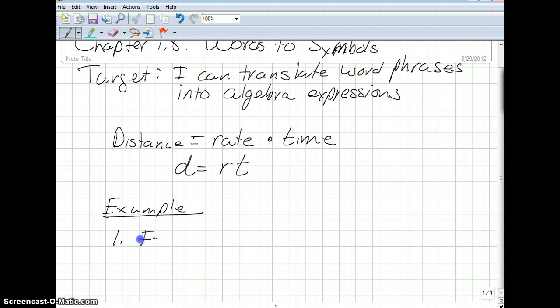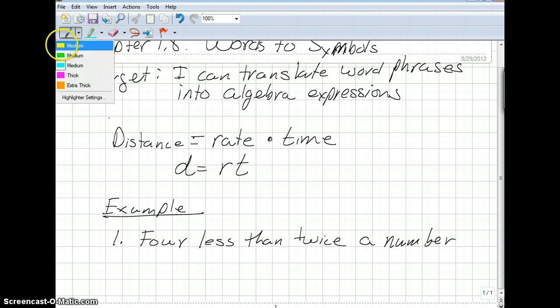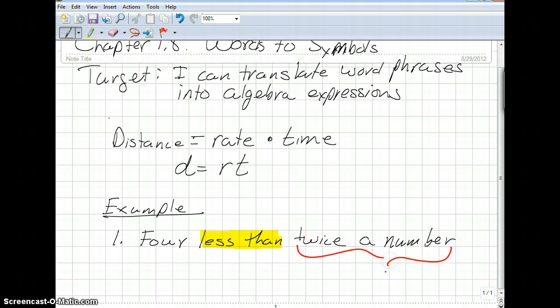So example 1. Four less than twice a number. Now the key here is the less than. When you see the less than, you always do what comes after it first, and then what's in front of it second.